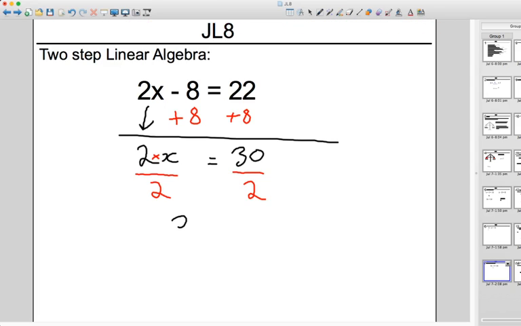This gives me x equals 15. And that's your answer. So we call it two-step algebra because there are 2 steps going on. There's an addition or subtraction step, which is usually done first, and then a multiplication or division step, which is done second.